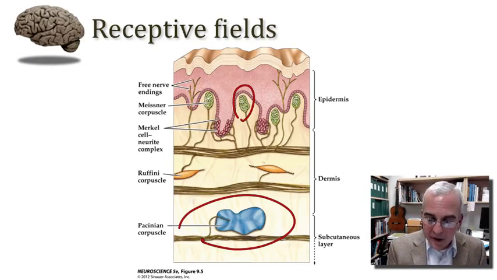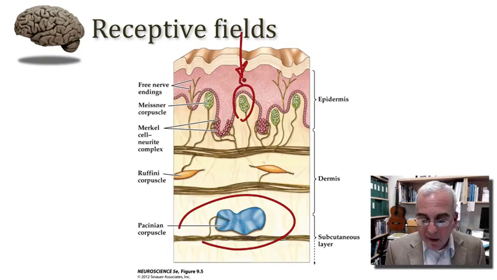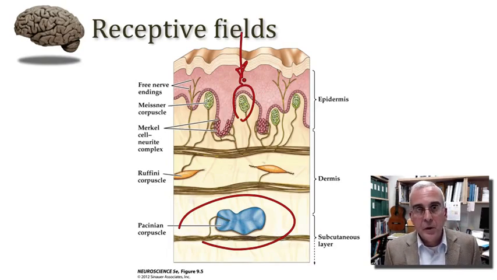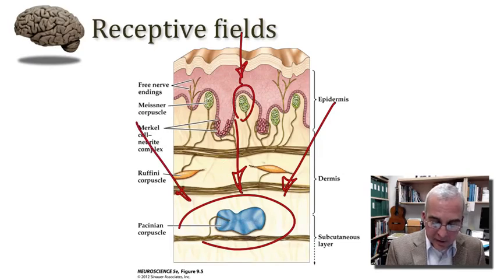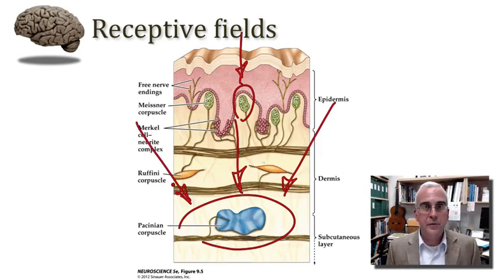So, for example, we can imagine that for this Meissner's corpuscle, perhaps we have to be right on top of it in order to stimulate it, whereas this Pacinian corpuscle perhaps can be activated through deformation of skin over a much broader area. So the size, the orientation, the distribution of the peripheral sensory structure will have a lot to do with defining the size of the receptive field for the first order neuron.